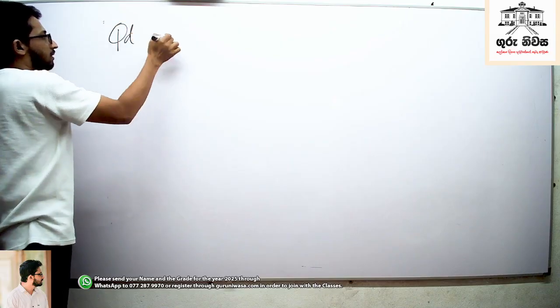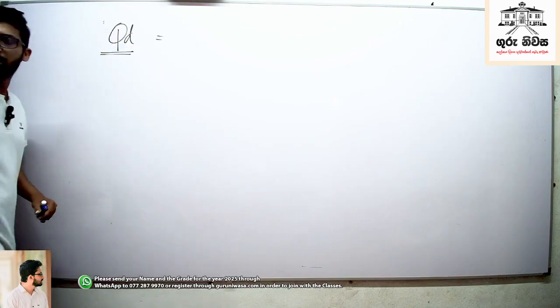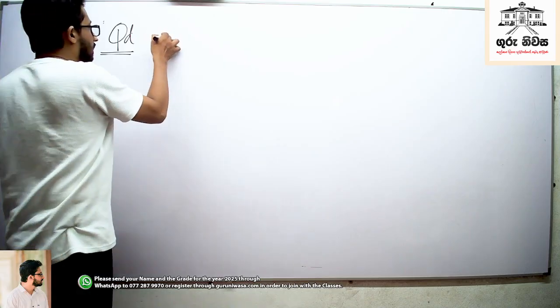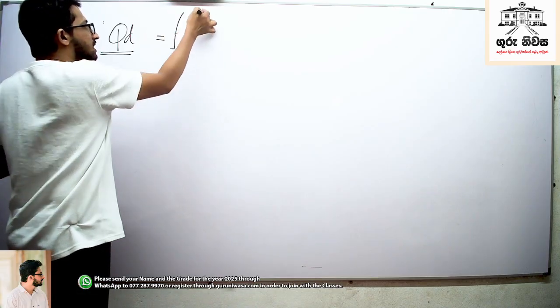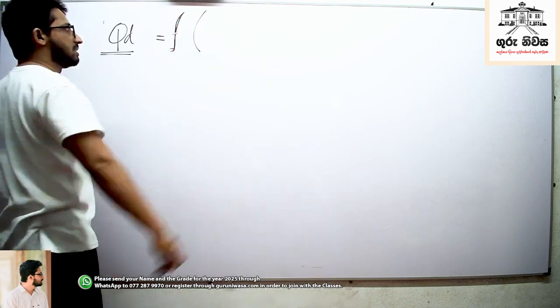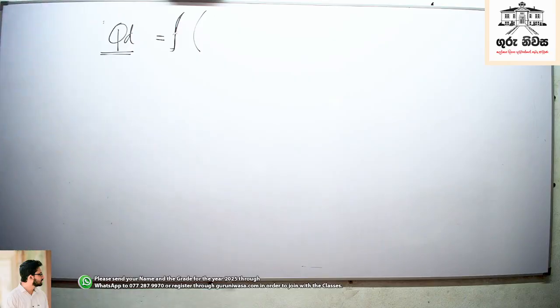QD means demand of a product, the number of units that consumers are willing and able to buy. It depends on these factors. This is not F; this is the symbol for a function.